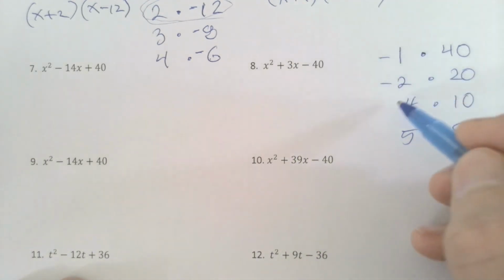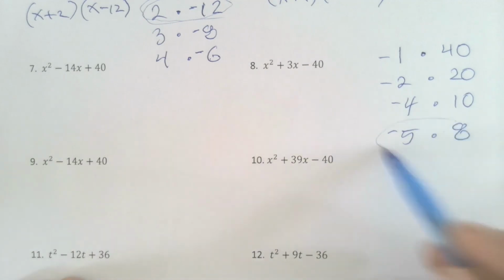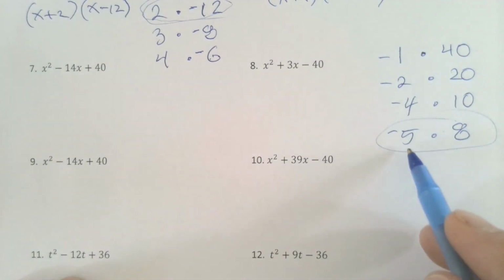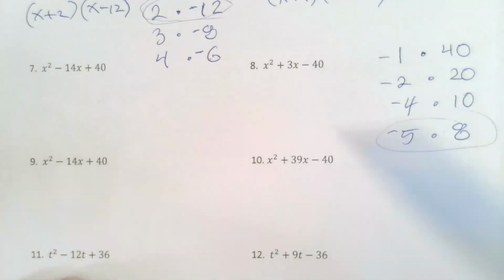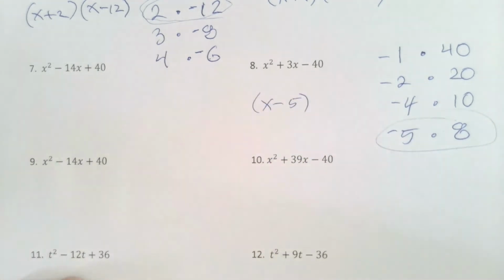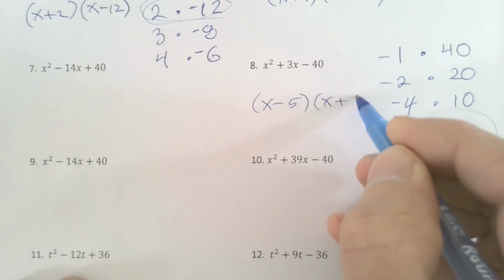I put the negatives on the little side, and I quickly grab this combination here, because 8 minus 5 is positive 3. You know what would happen if you had the negatives on this side instead? You'd get 5 minus 8 is negative 3, and you wouldn't match. Do you know what would happen if you put negatives on both sides? You'd never get negative 40. So yeah, you have to be pretty careful with this stuff, don't you? The answer is x minus 5 and x plus 8.